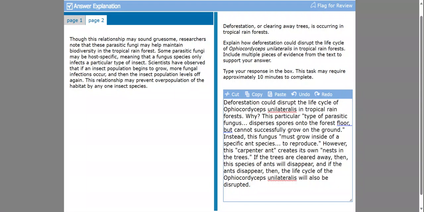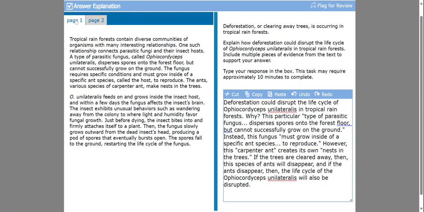And while it's quite fascinating to think about how delicate a rainforest can be, as far as answering the question, we've answered the question about disrupting the life cycle of this particular fungus.